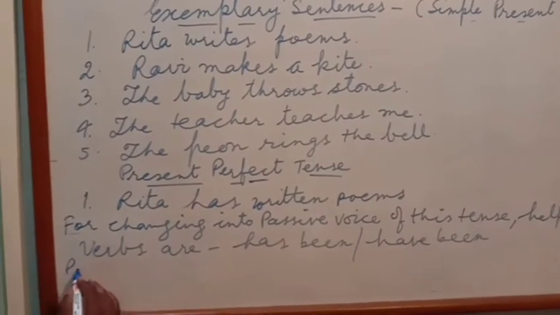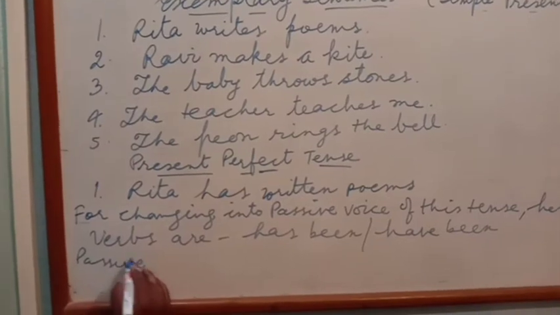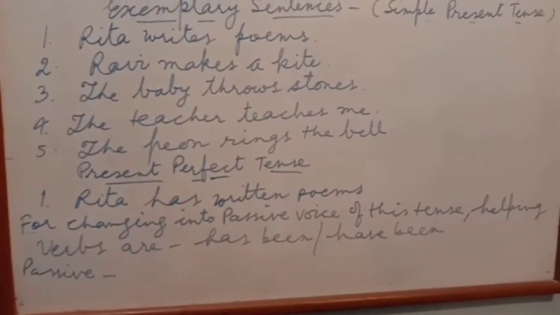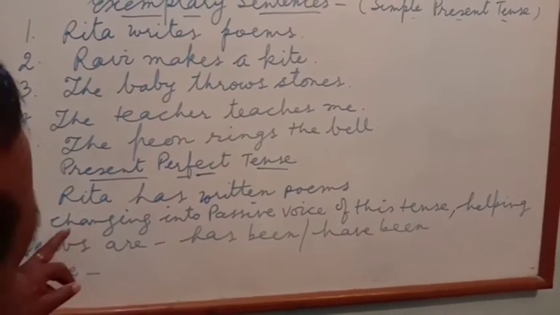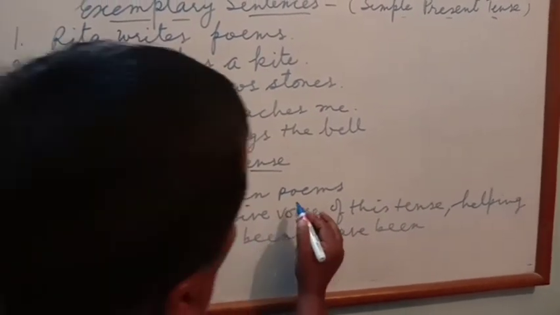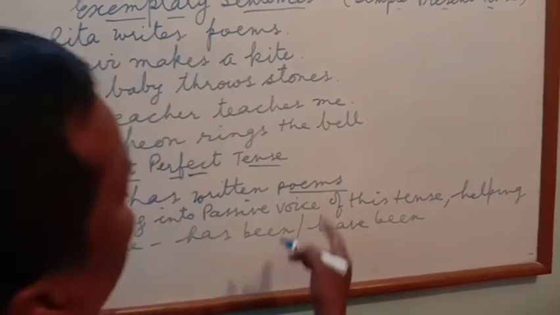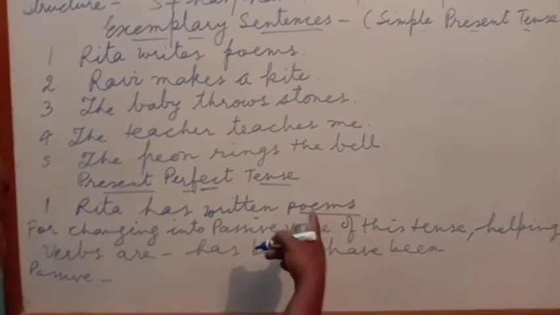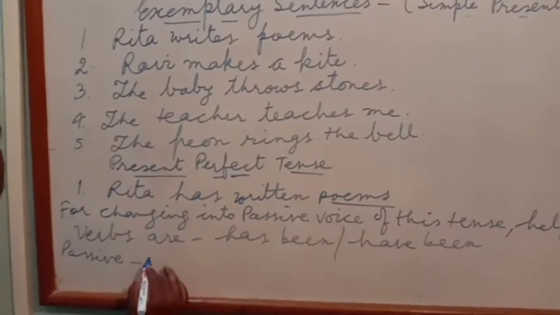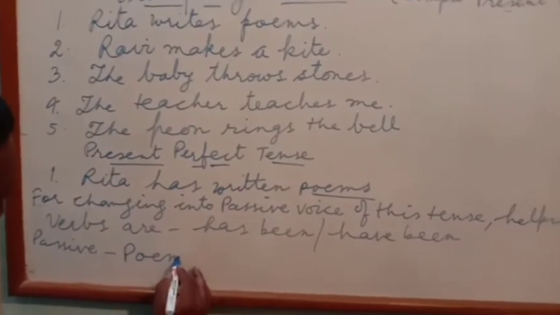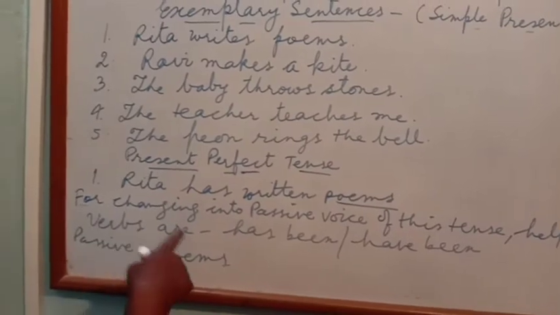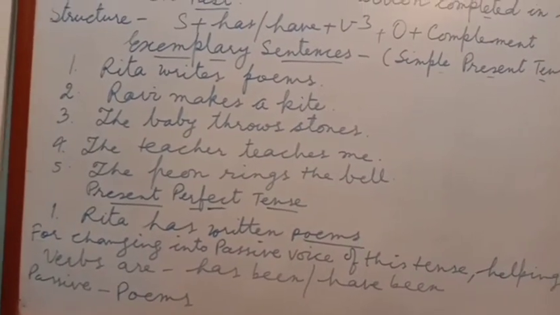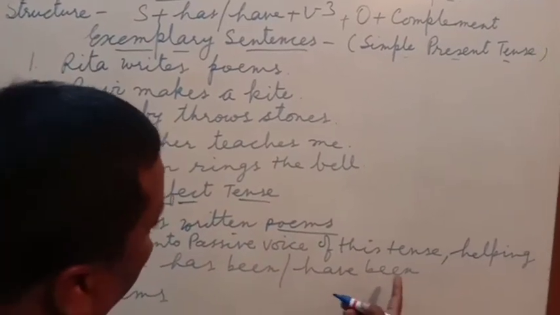Passive. At first, poems object will be changed into subject. Which type of subject? Passive subject. Poems. Poems is singular number or plural number? Plural number. So has been or have been? Have been.